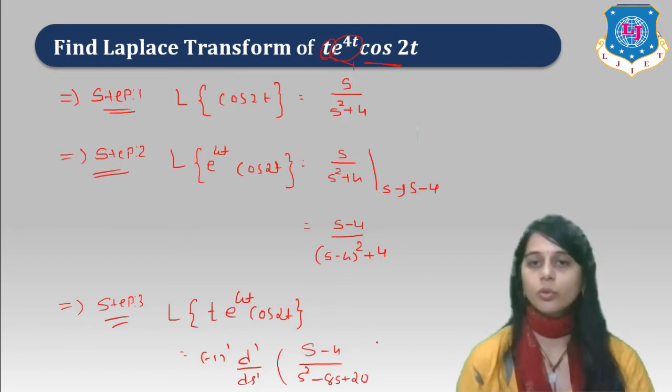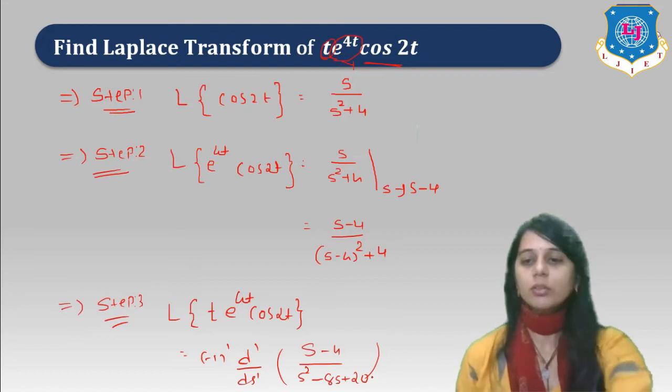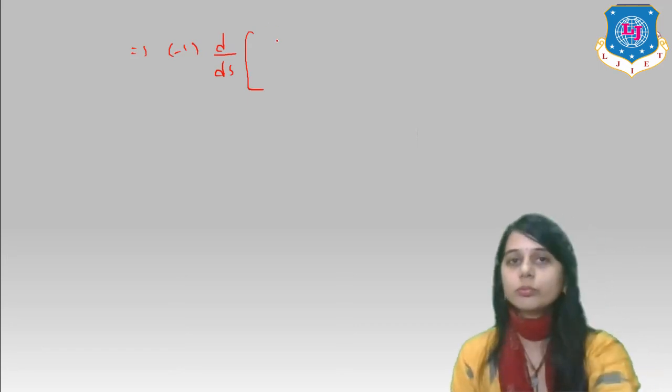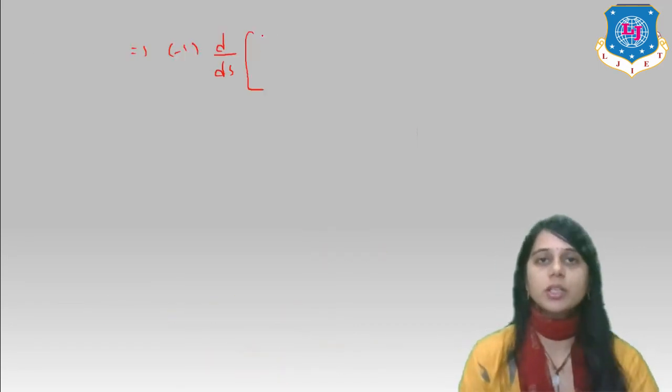Okay. What is your equation? It is minus d by ds of (s minus 4) upon (s square minus 8s plus 20).